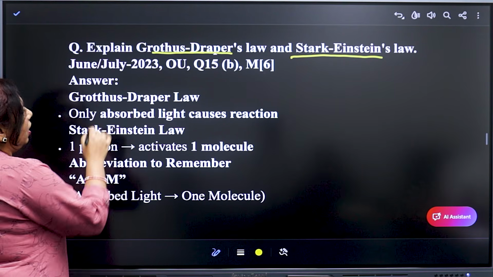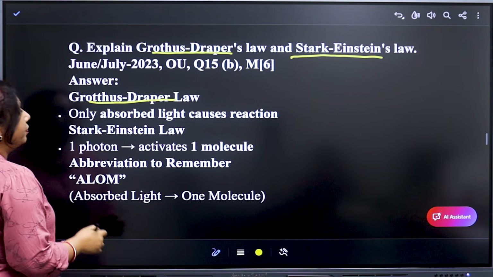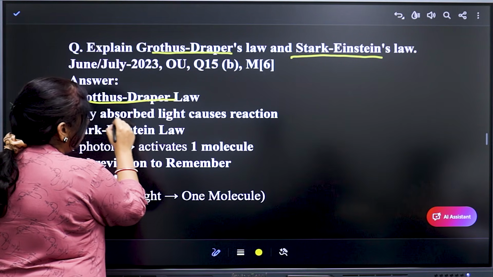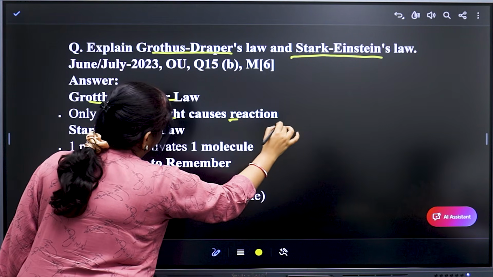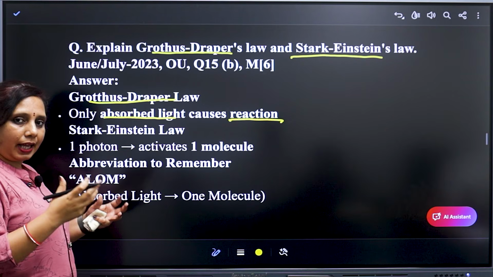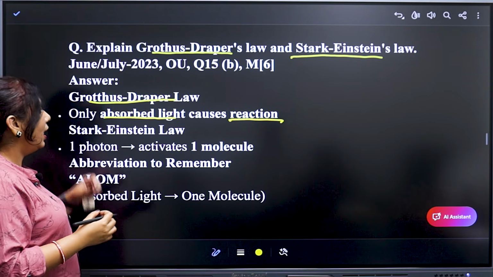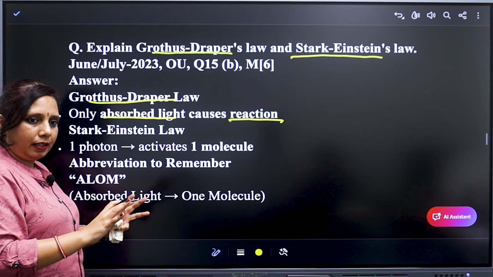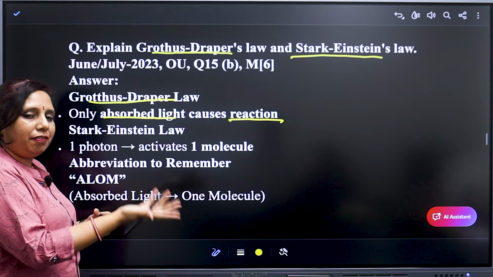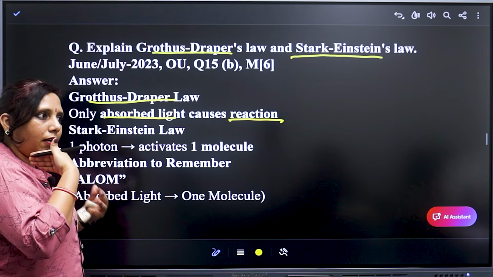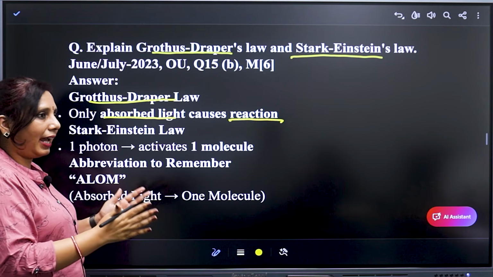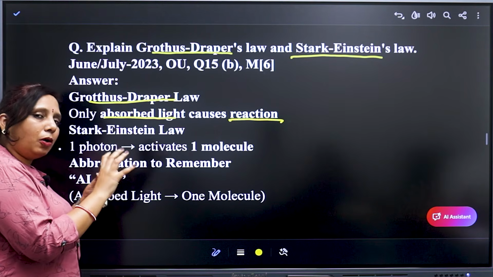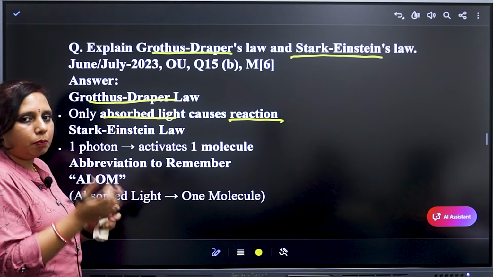Let us see. First, the Grotthuss-Draper law. This states that only absorbed light causes reaction. That means a photochemical reaction occurs only by the absorbed light, not just the radiated light. There may be so much light or so many photons attacking the reaction vessel, but only some amount of light is absorbed by the molecules.